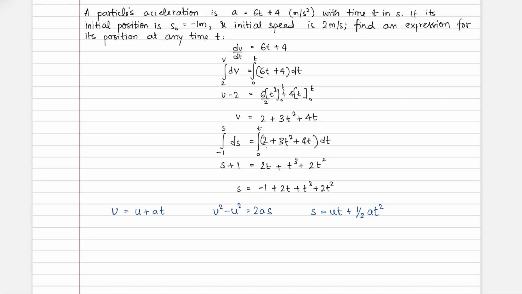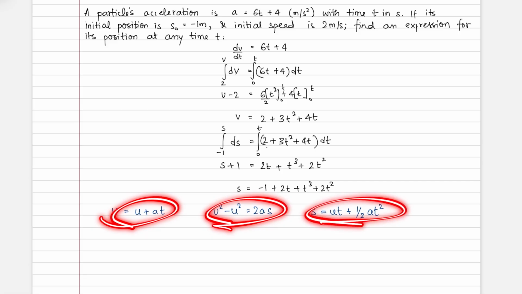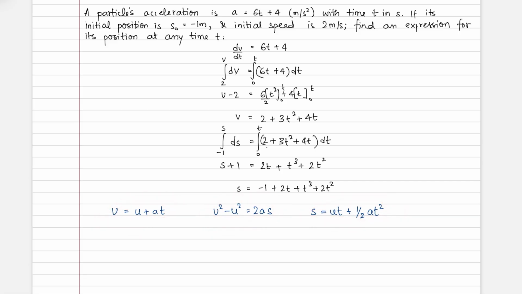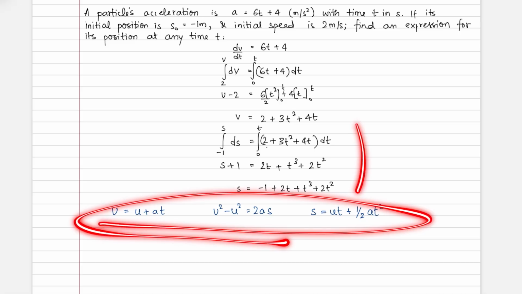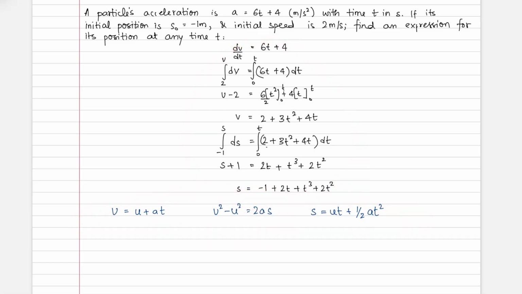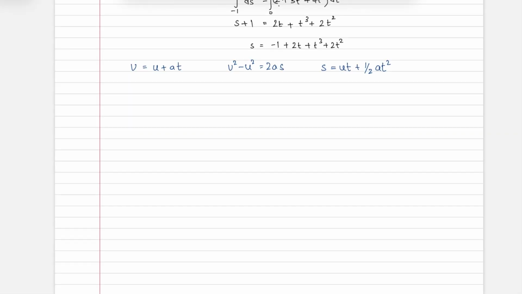All of these relations require something. Can you think of what that is? For example, can you use this to get these answers? Pause and think. So what you should realize here is that this a has to be a constant, and that's the only way that this will work.